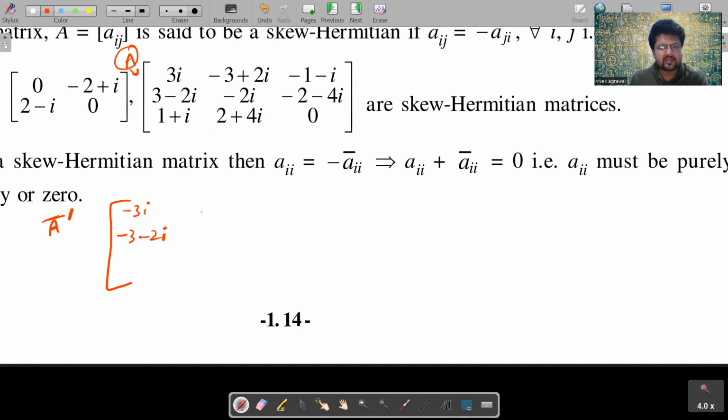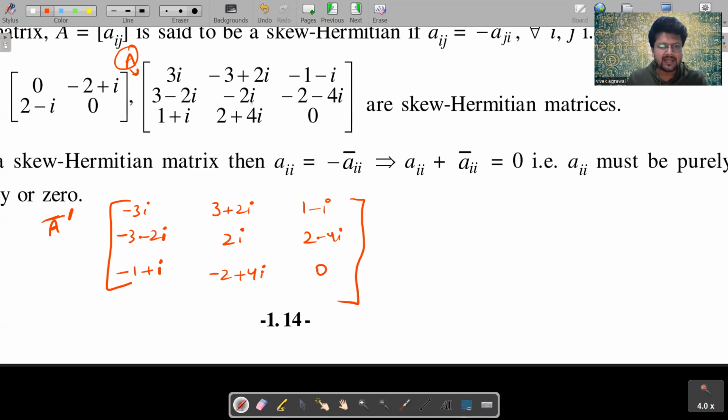The conjugate of minus 1 minus iota will be minus 1 plus iota. The conjugate of this will be 3 plus 2 iota, and of this plus 2 iota. The conjugate of 1 plus iota is 1 minus iota. The conjugate of this is 2 minus 4 iota, and the conjugate of this is 0.